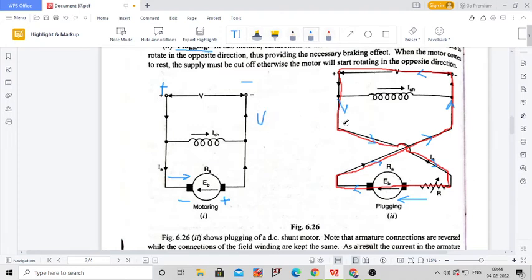Then again there will be another source of EMF, this EB. Now what will be the direction? For this particular EB, the direction is additive, so that becomes plus EB. So the voltage is now twice of EB.